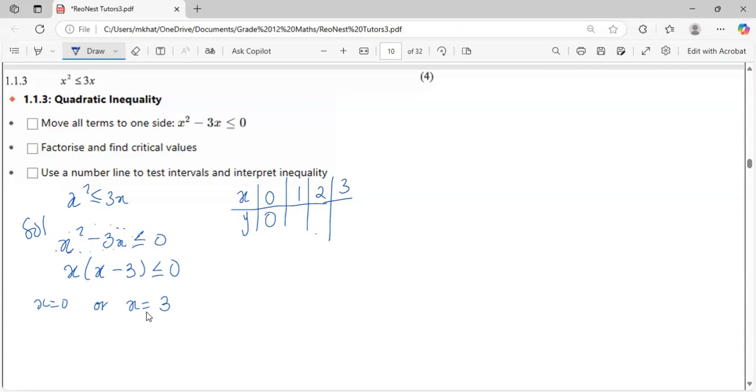When x is 1, I'm going to have 1 squared minus 3 times 1, which is negative 2. When x is 2, I'm going to have 2 squared, which is 4, minus 3 times 2, which is 6. So it's 4 minus 6, which will give me negative 2. And when I substitute 3, I'm going to have 9 minus 9, which is 0.